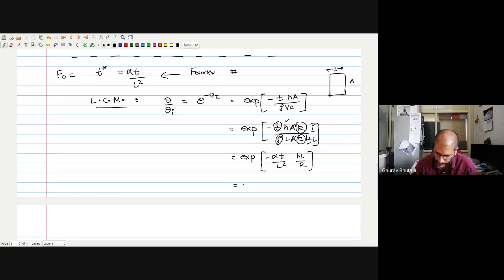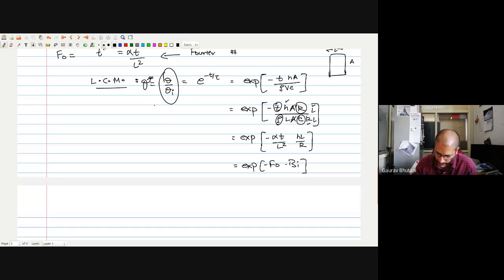So this becomes the exponential of minus the Fourier number times the Biot number. So basically what we see is this theta upon theta i, which is nothing but theta star as we have defined now. So earlier our lumped capacitance analysis gave us theta star as a function of the Fourier number and Biot number. Okay, so this is what we got earlier.